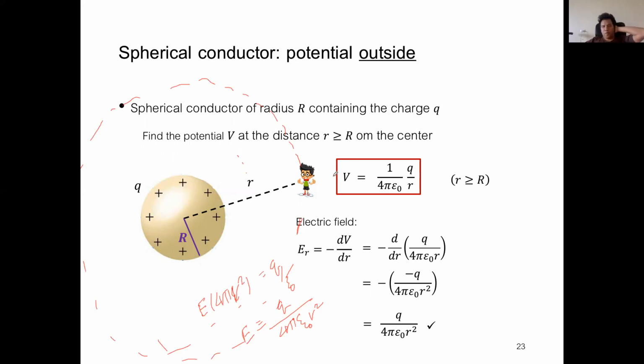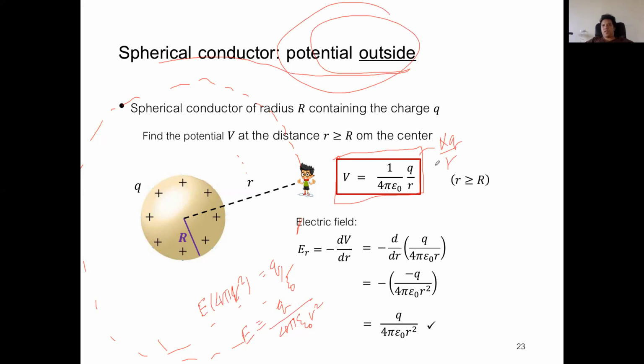For the case of outside the spherical conductor, we are using the same potential function as the point charge, kq over r.